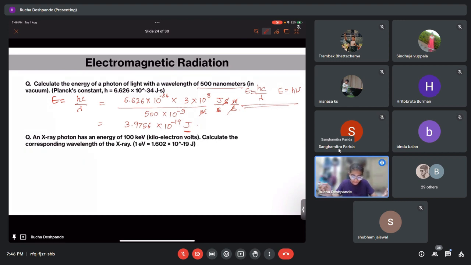Next question. An X-ray photon has an energy of 100 kilo electron volts. Calculate the corresponding wavelength of the X-ray.